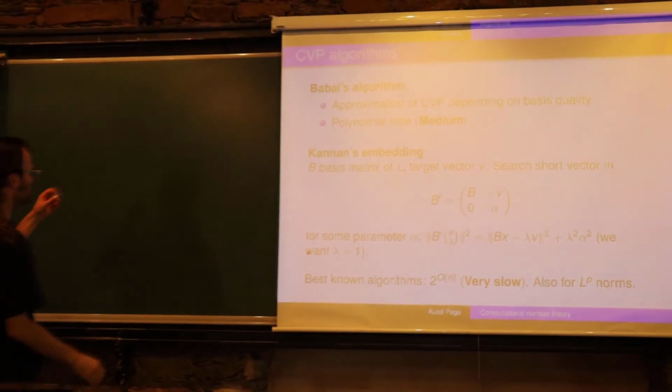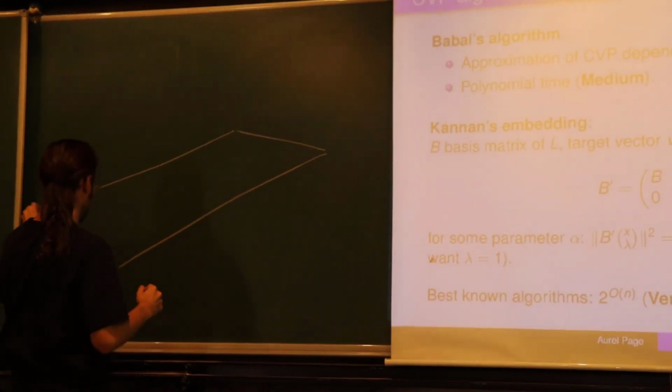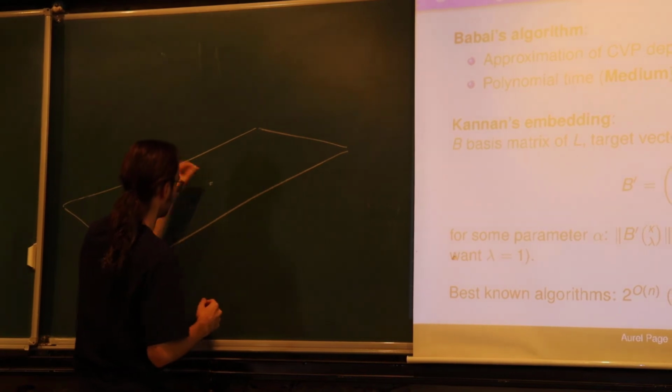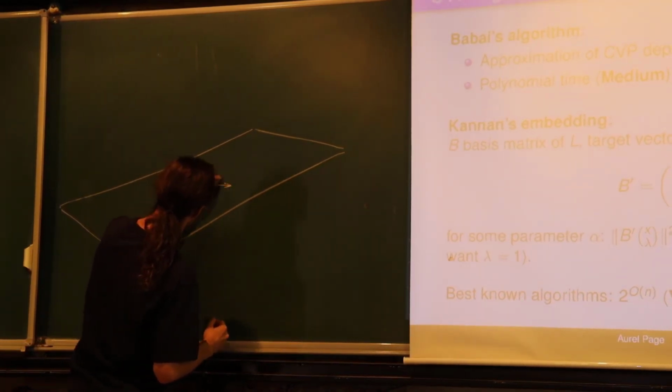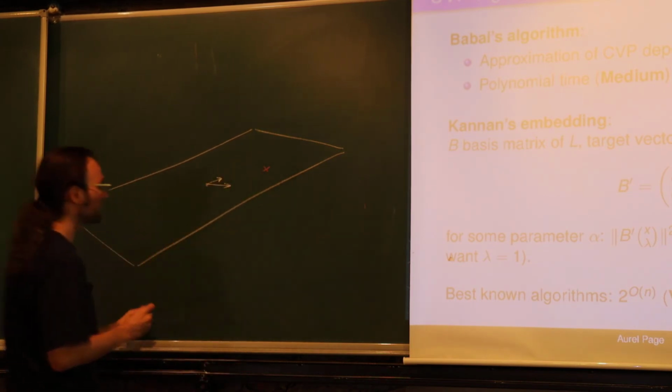So suppose that you're trying to solve your CVP problem in this space where this is 0, you have maybe a basis here, and your target that is there.